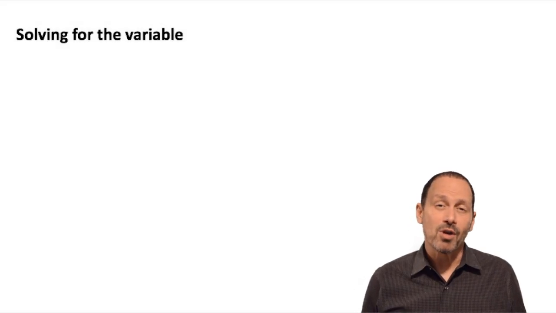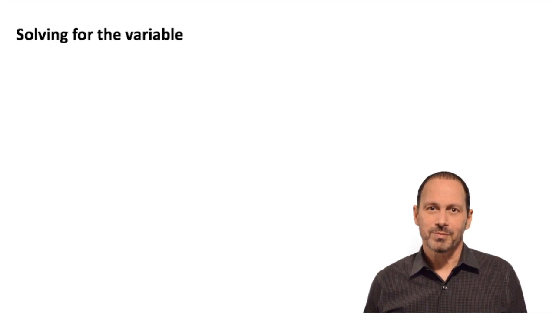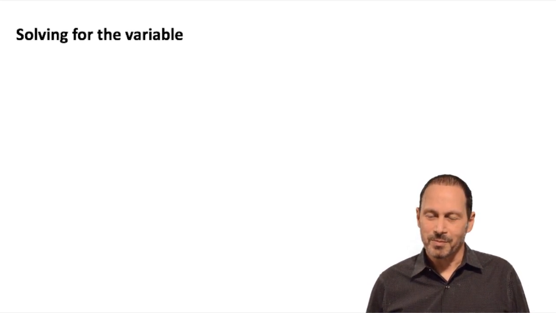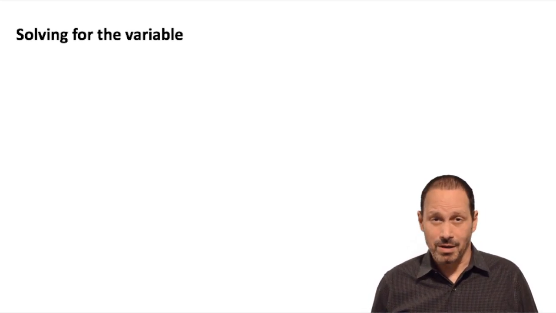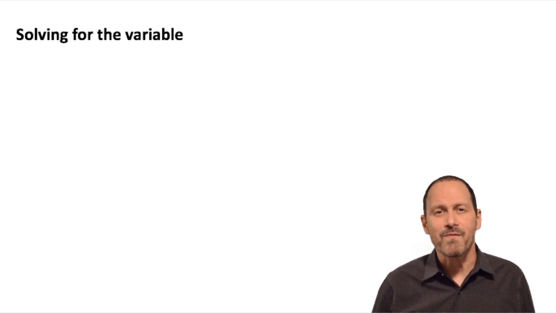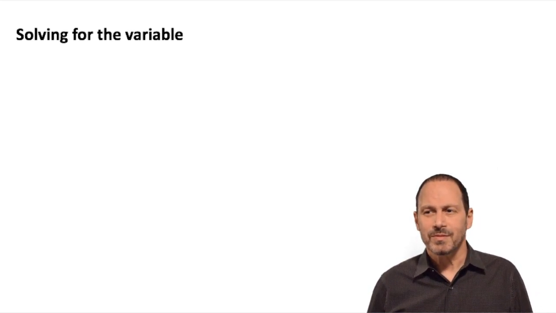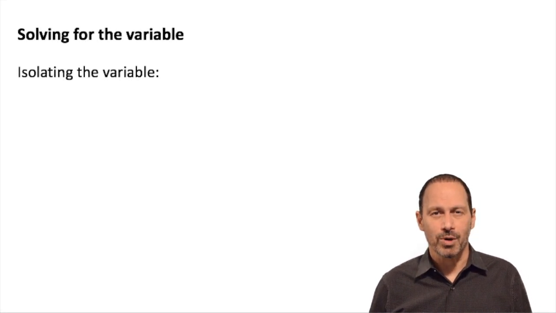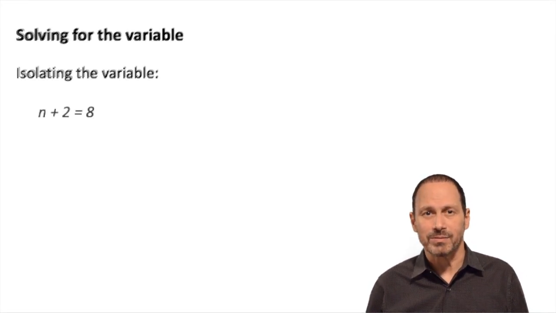When we are solving equations, we have a method, a procedure that never fails. We call this method solving for the variable. It basically means that we're going to isolate the unknown, isolate the variable.